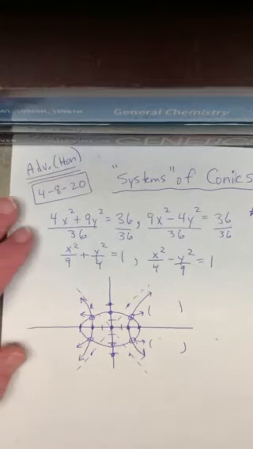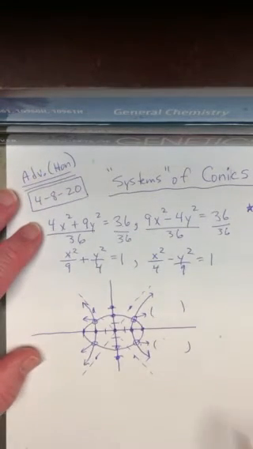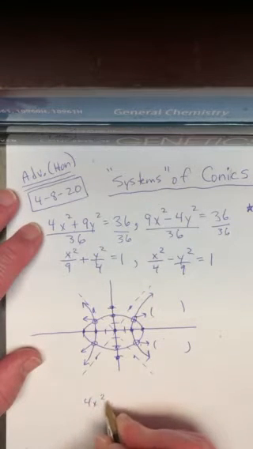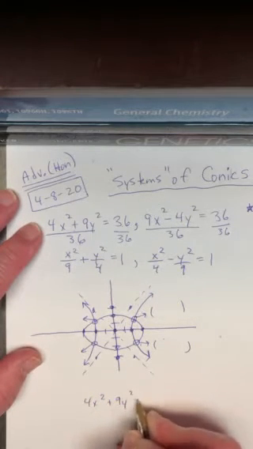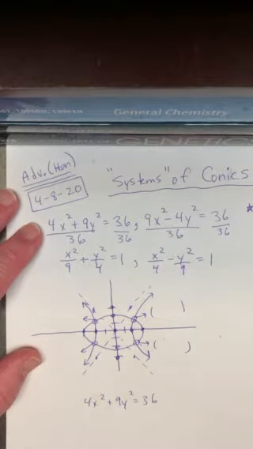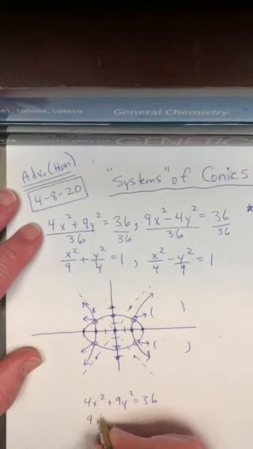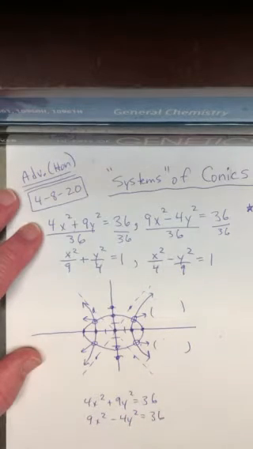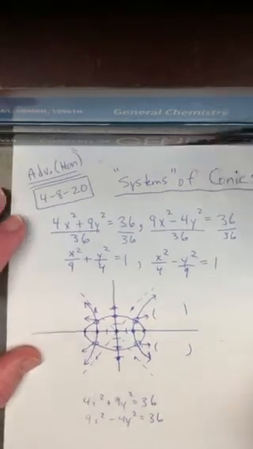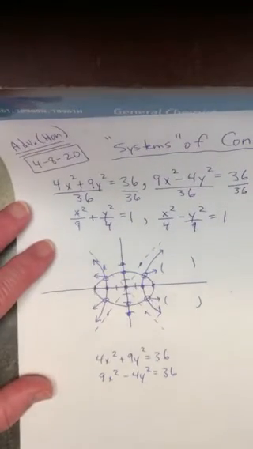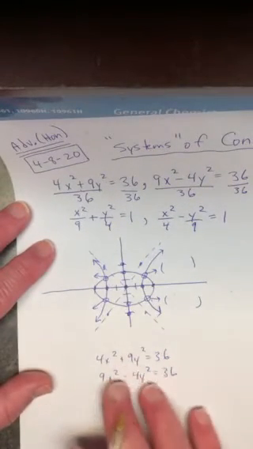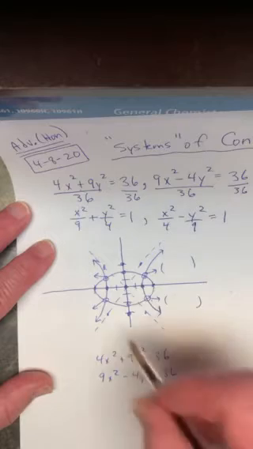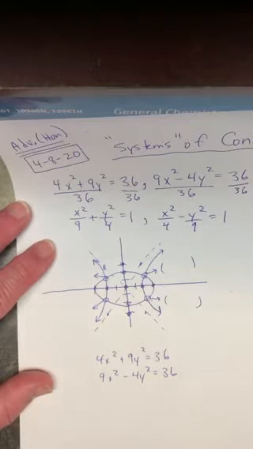Well, let's think about it. If I go back to the original problems, I've got 4x squared plus 9y squared equals 36. I've got 9x squared minus 4y squared equals 36. If you'll remember from Algebra 2, you solved systems of equations using something that was called the elimination technique, remember?